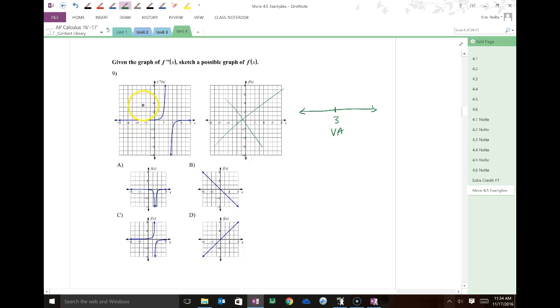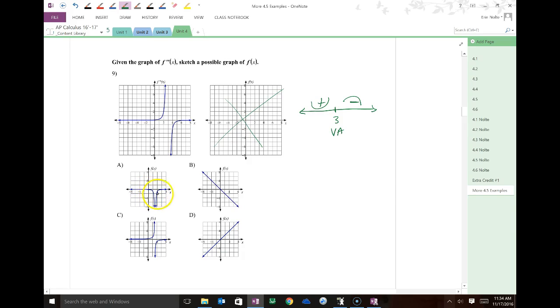I have a positive concavity to the left of it because it's going upward, it's above the x-axis. And then on the right side it's below the x-axis, so I have a negative concavity. So I have a happy face and I have a sad face. Which of these functions could this possibly be? Is this right here a happy face?